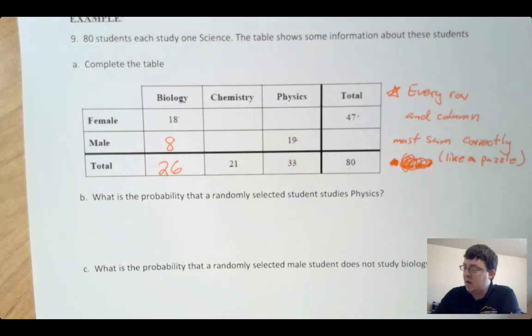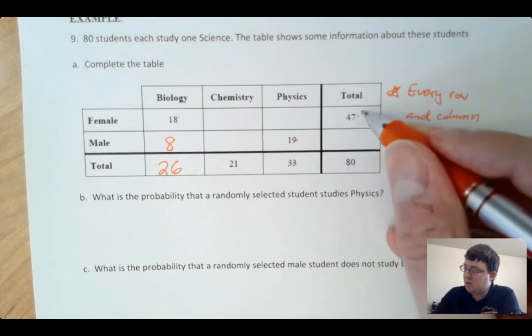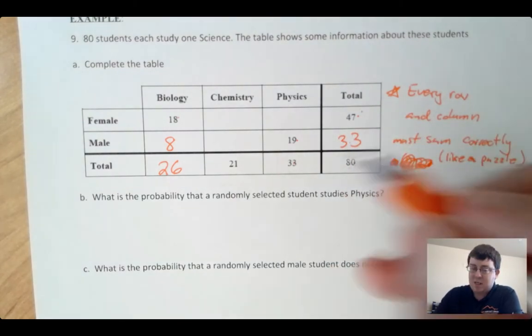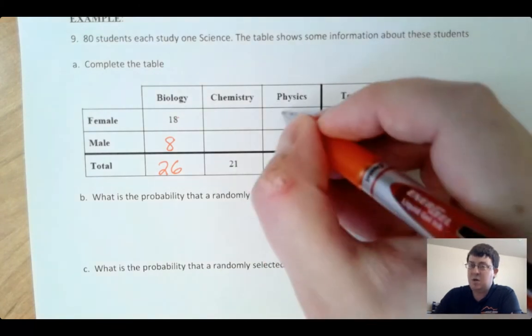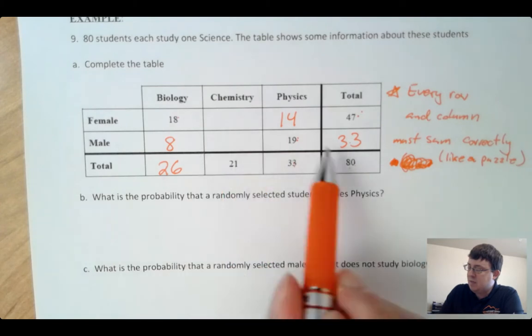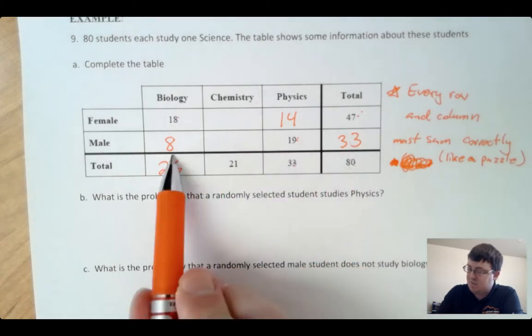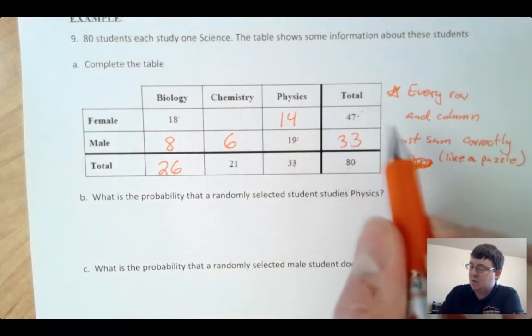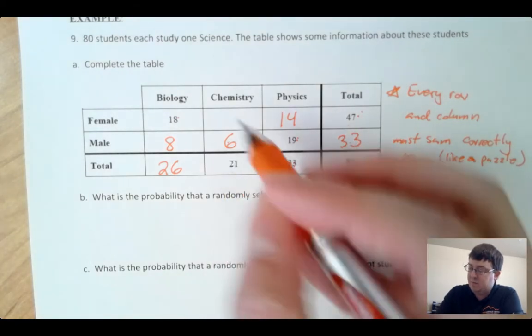I can do 80 minus 47 now to get 33. Again, you can do this in any order you want. 33 minus 19 should give me 14 here. And then I can do 33 minus 19 minus 8 to give me 6 here. Then I'll just do the easy one, 21 minus 6 to give me 15.